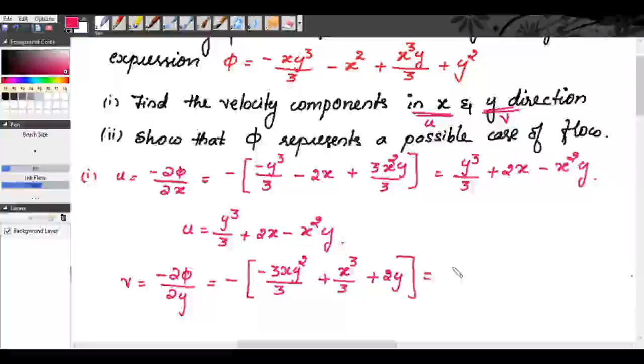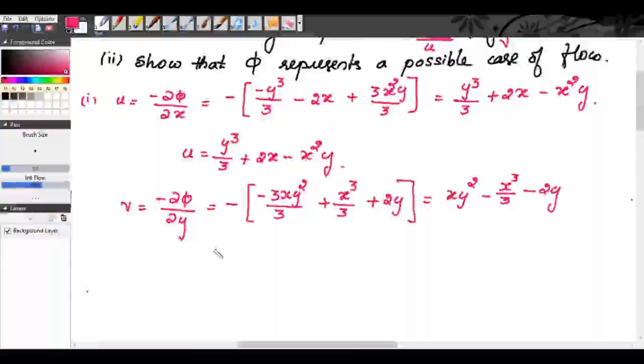So what we get is xy square minus x cube by 3 minus 2y. So our velocity component in y direction is v is equal to xy square minus x cube by 3 minus 2y. Now we need to prove this is a possible case of flow.